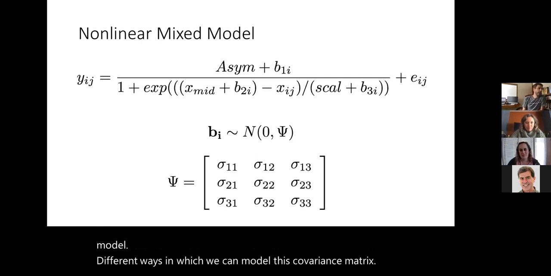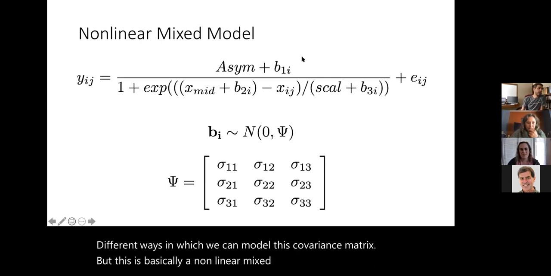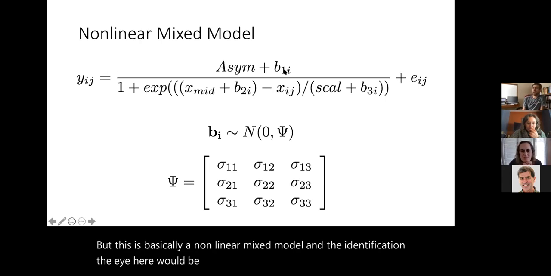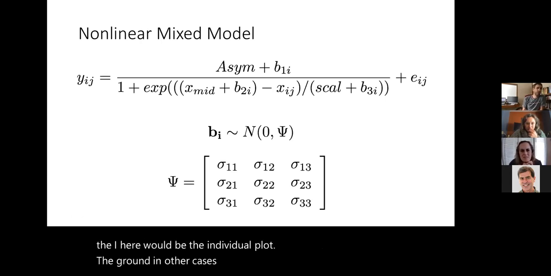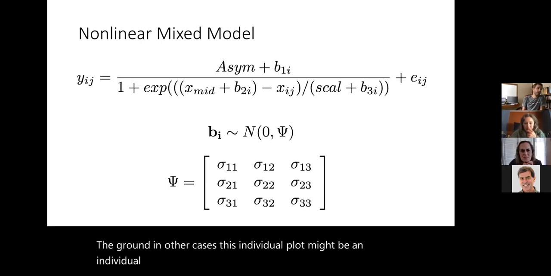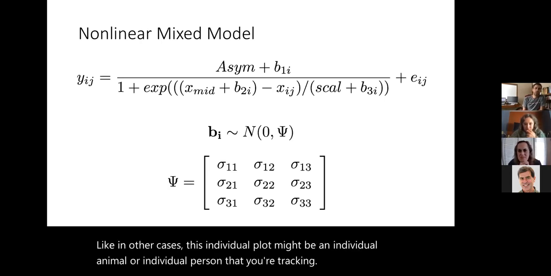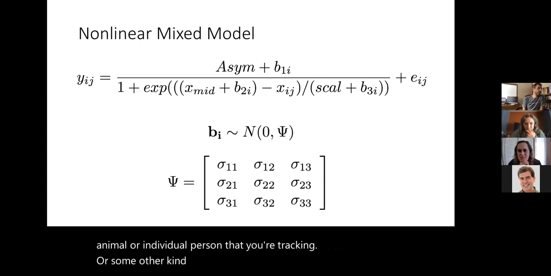But this is basically a nonlinear mixed model. And the identification, the i here, would be at the individual plot. Like in other cases, this individual plot might be an individual animal or an individual person that you're tracking, or some other kind of experimental unit.